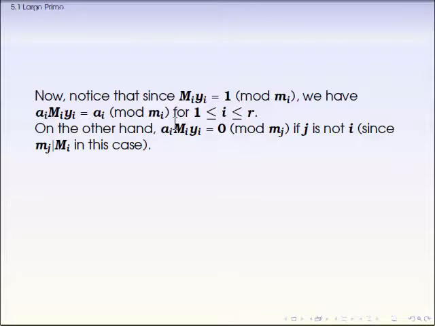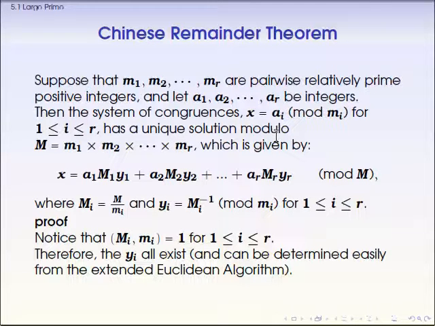On the other hand, ai Mi yi is congruent to 0 modulo mj for any j which is not i, because Mi contains mj as a factor, so this becomes 0.